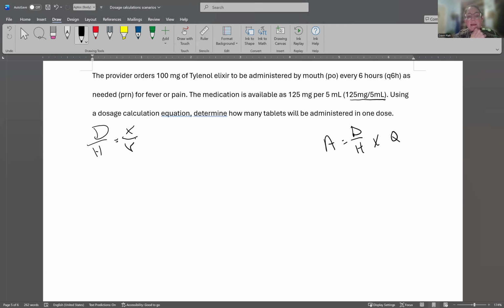So let's go back and find our information to plug into our equation. I'm going to look for the doctor's order. Provider orders 100 milligrams of Tylenol. So we have 100 milligrams. And then, when I open the cupboard to determine what's on hand, medication is available in 125 milligrams. We're not going to worry about the other number until we do the vehicle, or the quantity, because that's what that number is.